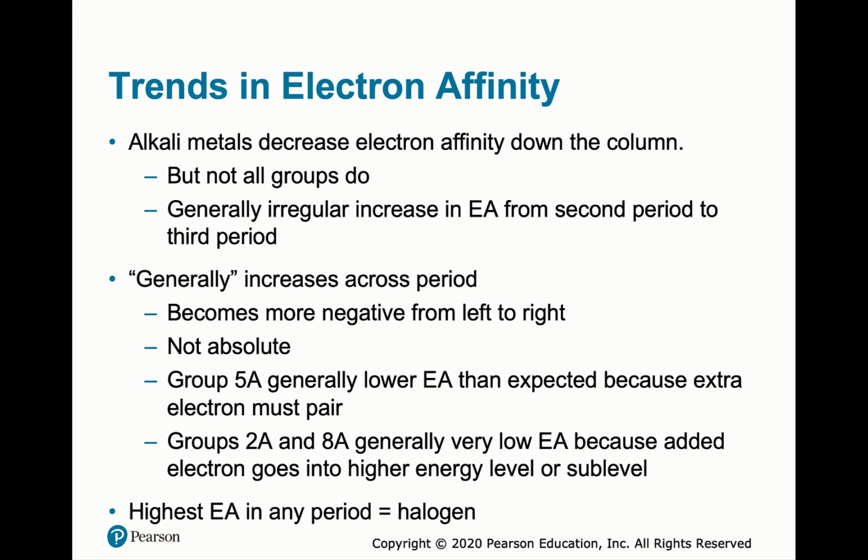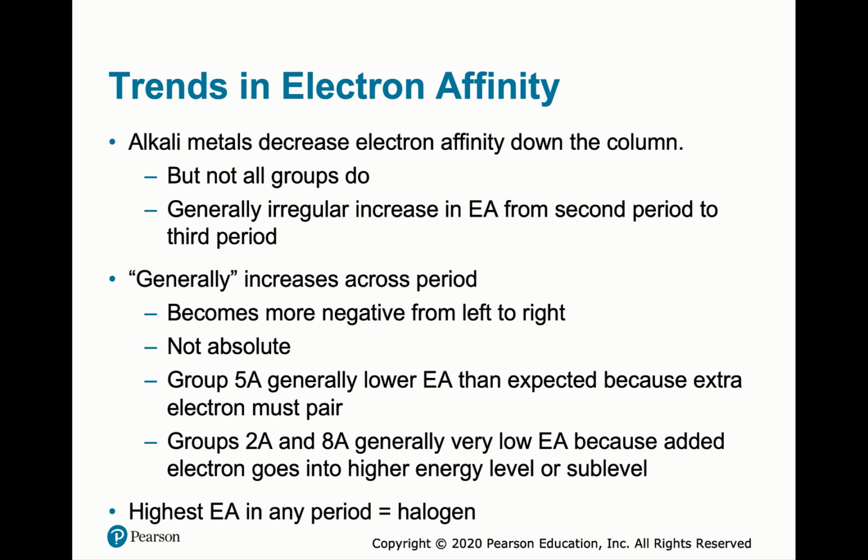You can't predict everything using periodic law, and there are exceptions, and some things are hard to predict as well. So electron affinity does change. It's not a very smooth trend, whereas size is a relatively smooth trend. I mean, there are even exceptions there, and ionization energy is a very smooth trend. But electron affinity is not a smooth trend.